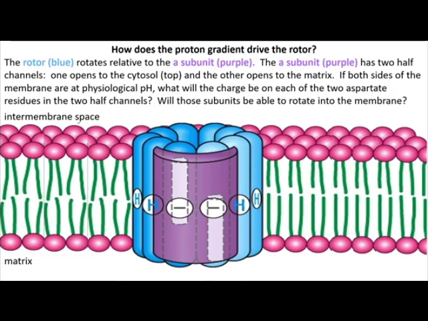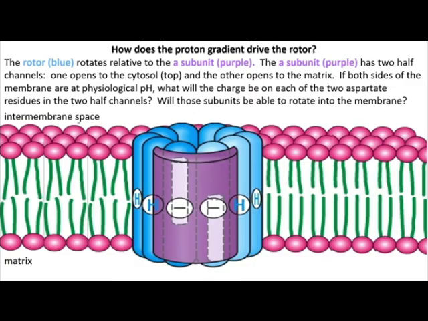So let's say then that the intermembrane space is above. Will there be more protons above or more protons below? If the intermembrane space is above and the matrix is below, where will most of the protons be? Because they've been pumped by the, yes?